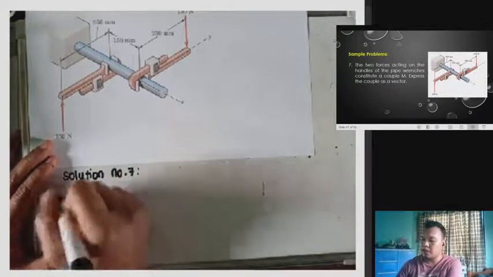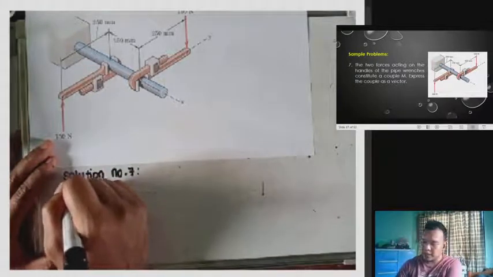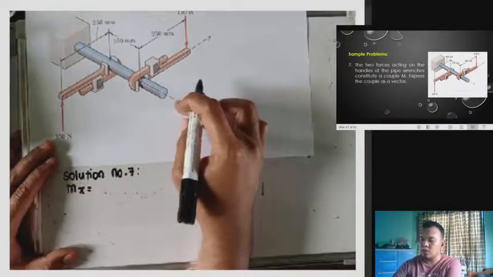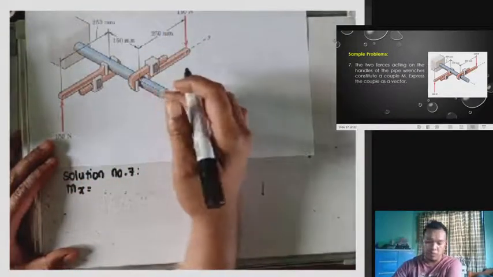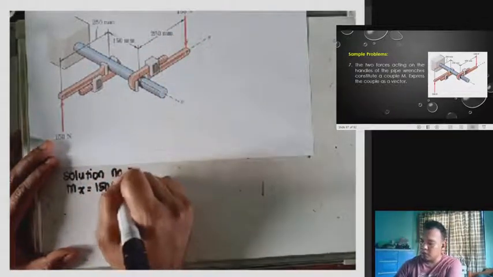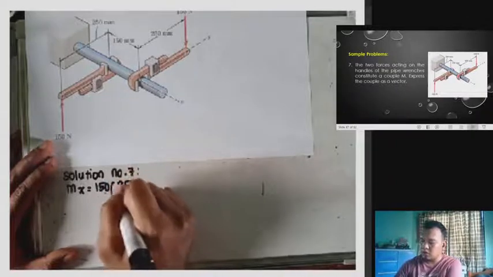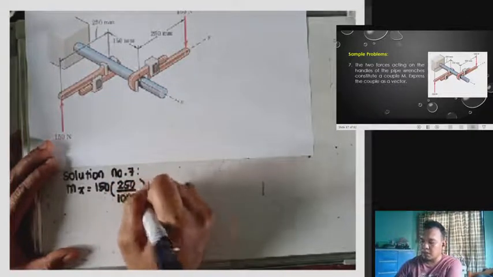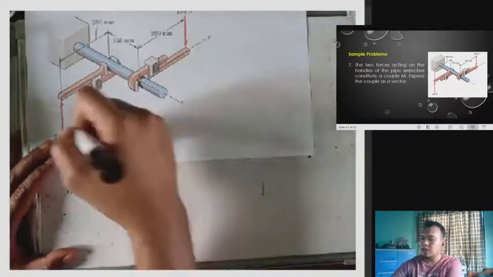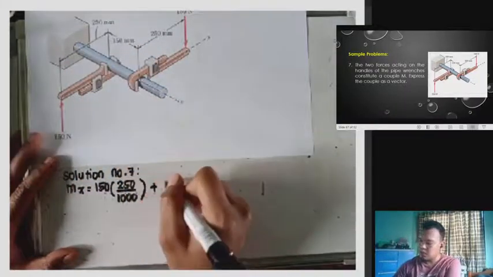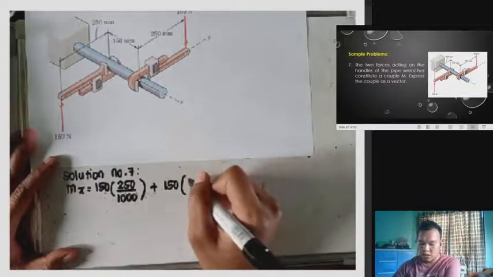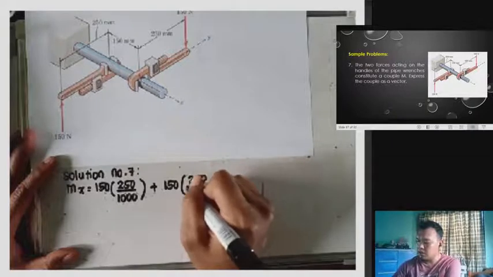We have here, moment muna tayo sa x-axis. Mx is equivalent kay, kung x-axis is ito, so kung ito, pag ganon, we have here 150 multiplied by 250 all over 1,000 para maging meters. Clockwise, positive. Then, ito ay clockwise pa rin, positive, plus 150 times perpendicular distance, which is 250 then all over 1,000.